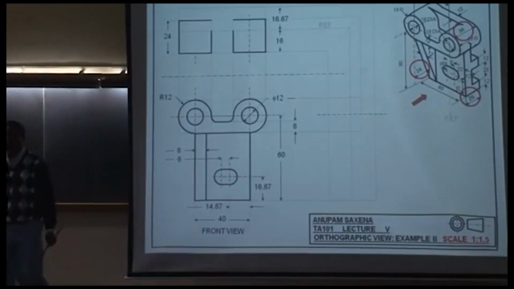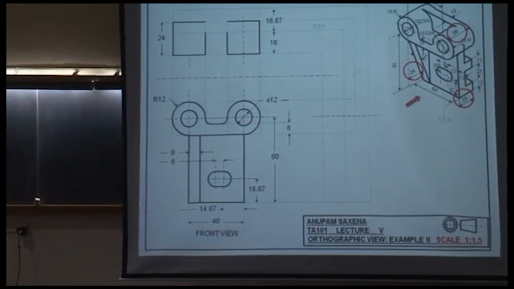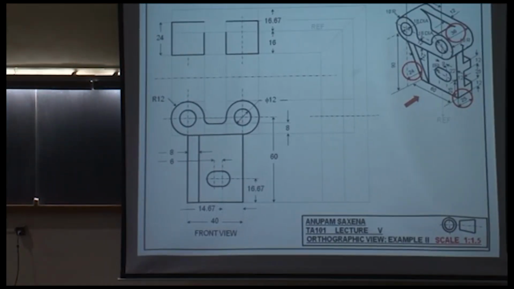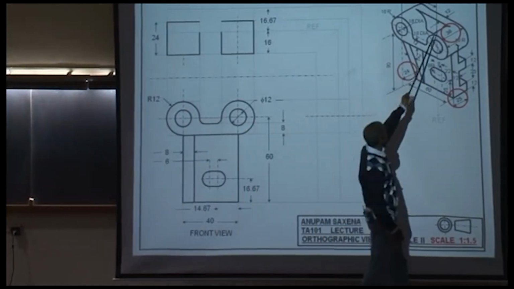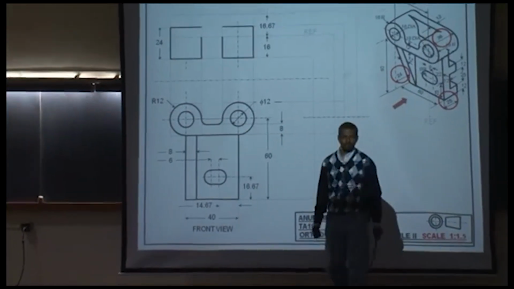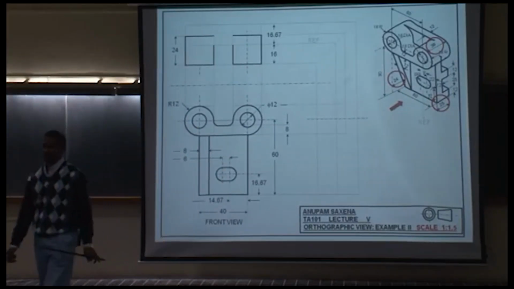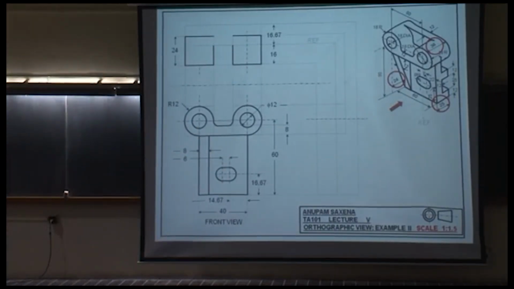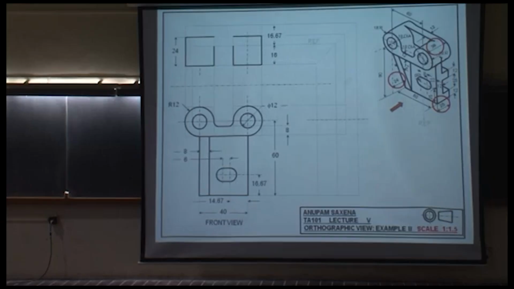Why is that? Because of this feature, no? Right? So it becomes easier for you to have a reference line or reference plane and then draw things with respect to that plane. Okay.